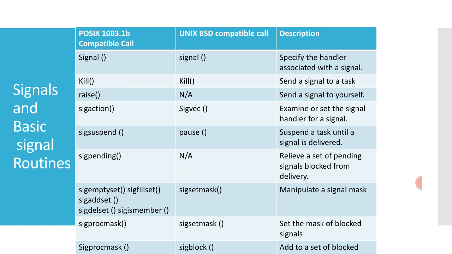Okay, these are the basic signal routines. This table shows basic signal calls for BSD and POSIX 1003.1b.